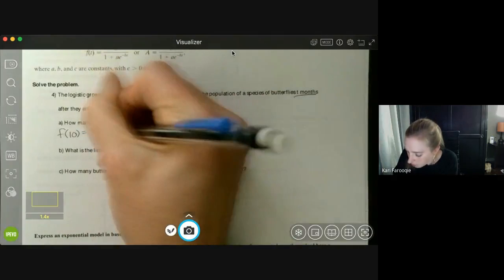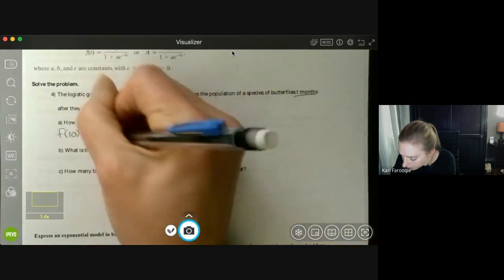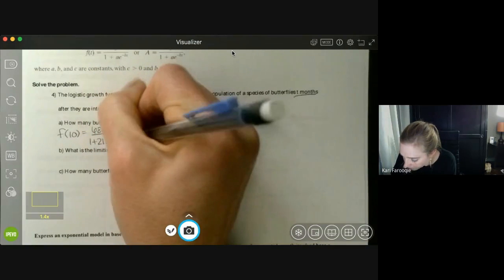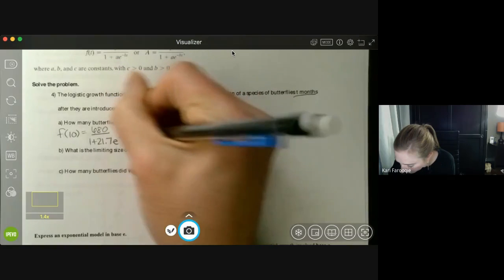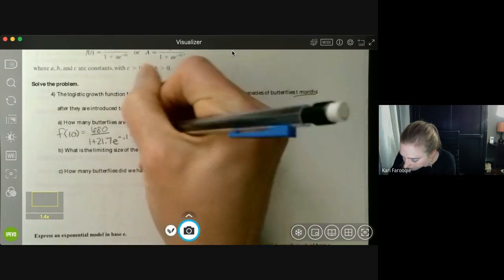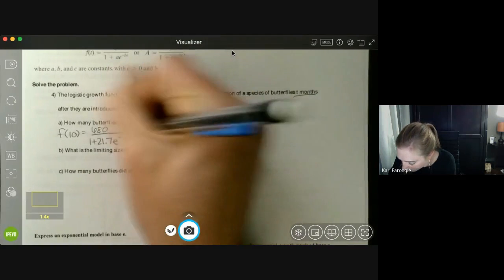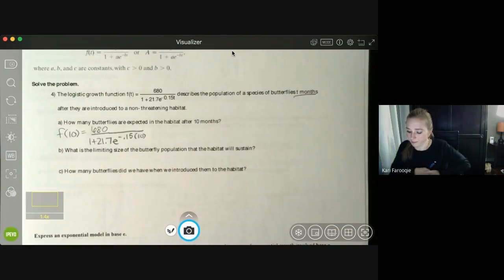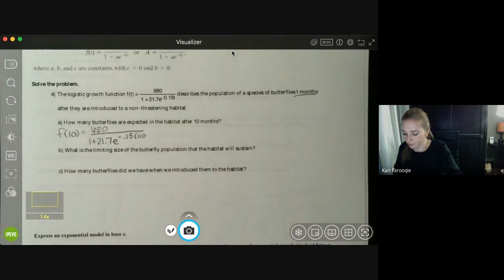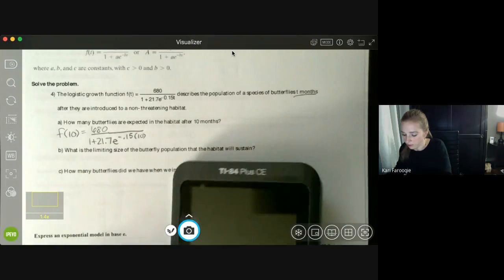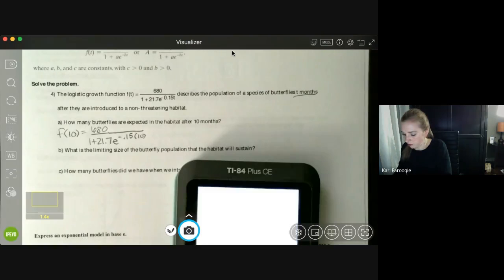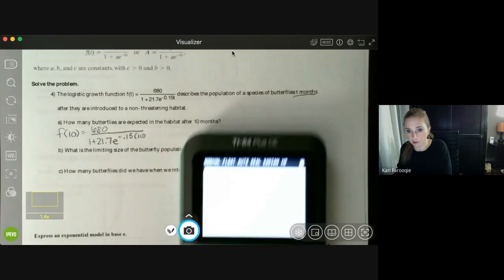And this you can plug into your calculator. Just don't forget that you have a negative in the exponent of your exponential expression.